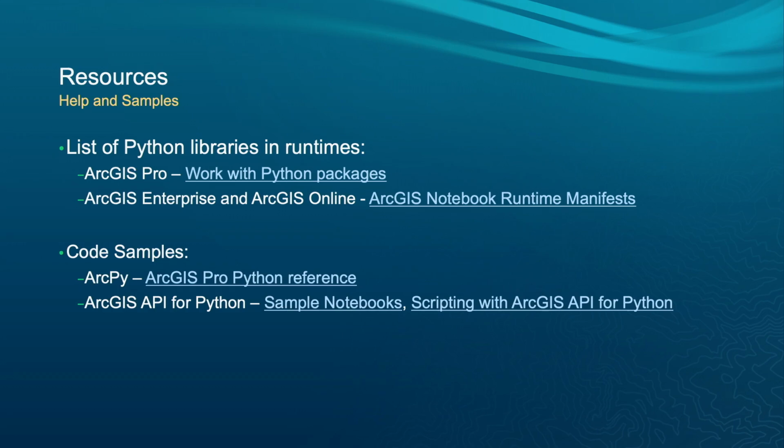In addition, there is a world of code samples out in our help documentation, both in the ArcPy Pro tool reference, which has code snippets galore, and at the developers.arcgis.com/Python site, there are guides, sample notebooks, and an API reference document that has all kinds of examples of how you use the code.